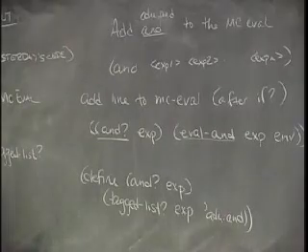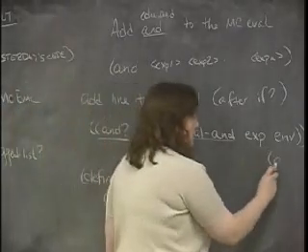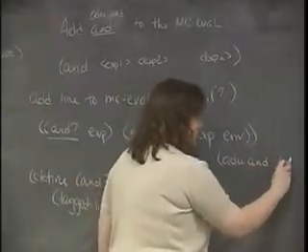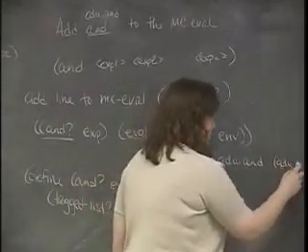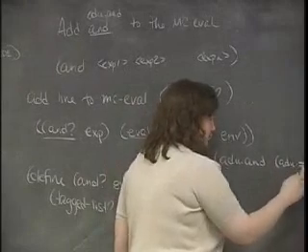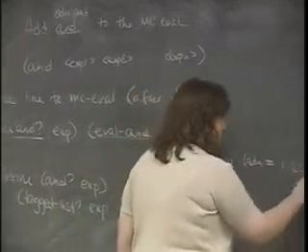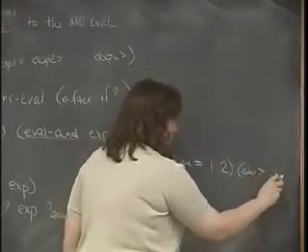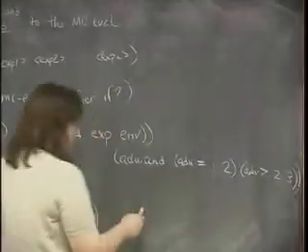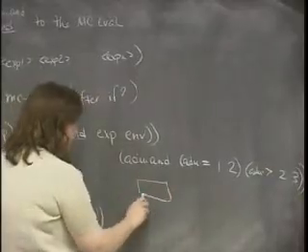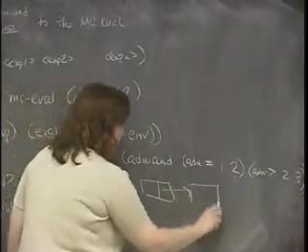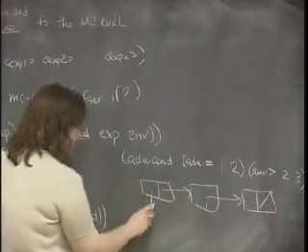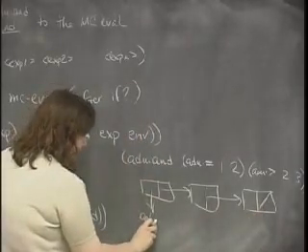Because remember, if we were evaluating ADU and, ADU equals 1, 2, ADU greater than 2, 3, this is the same as a list structure like this. First is ADU and.